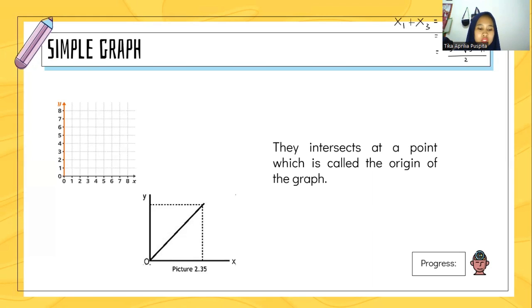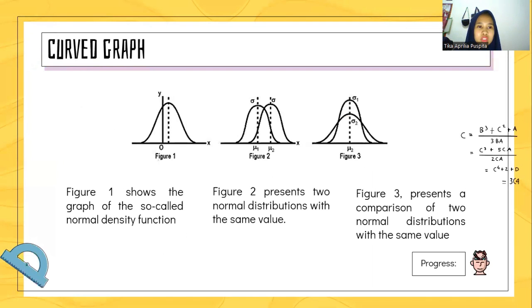And the next one is curve graph. In the figure 1, show the graph of the so-called normal density function. Figure 2 presents two normal distribution with the same value, and the figure 3 present a comparison of two normal distribution with the same value. And the question here is why values appear in a curve form instead of straight line when presented in a graph.